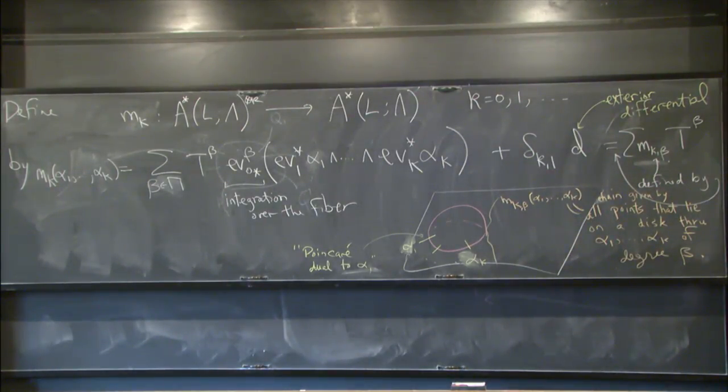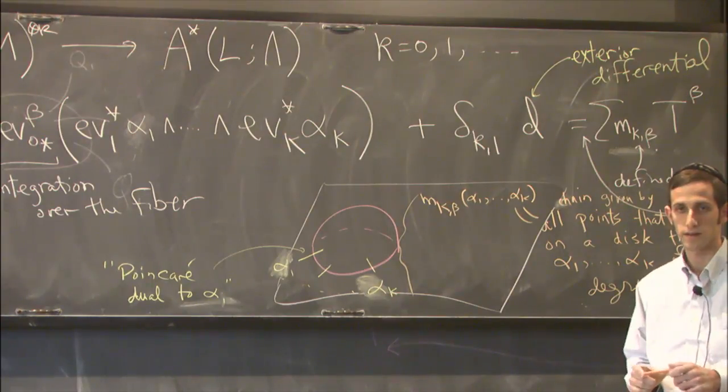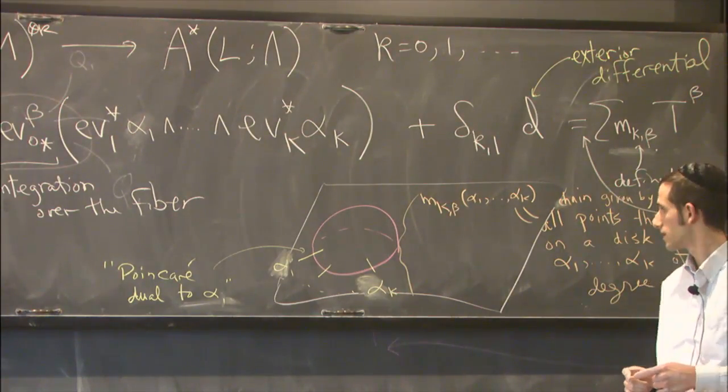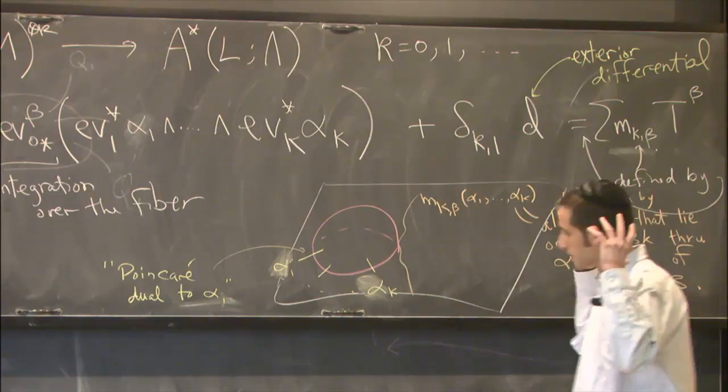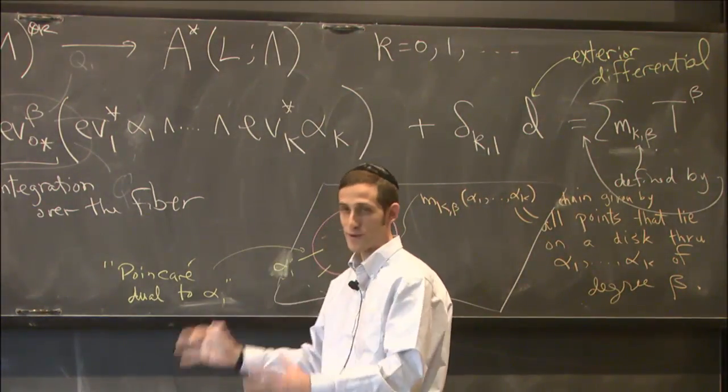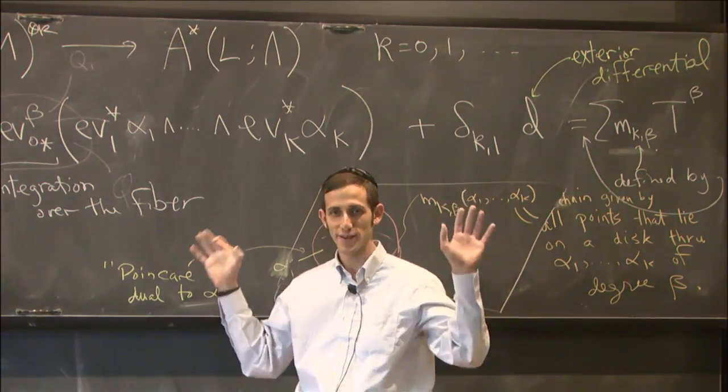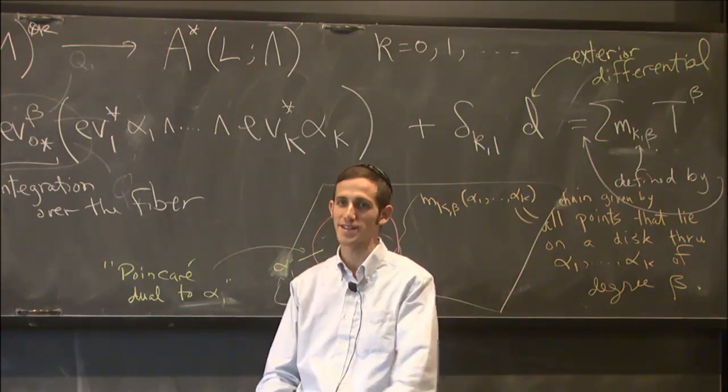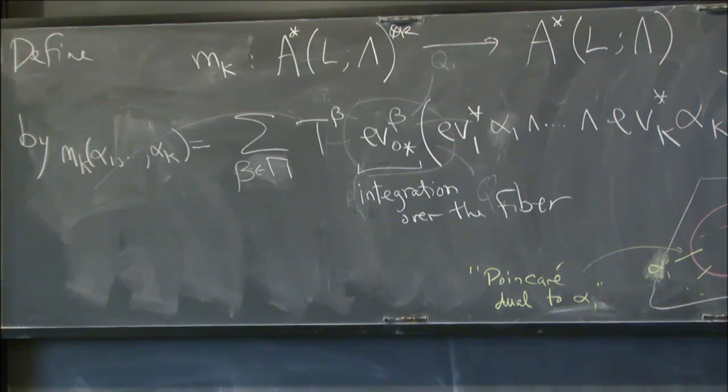Jake, you said integration over the fiber, and now you switch to cycles. Right, so I'm always going to be imagining cycles Poincare dual to my differential forms, which is a really evil thing to do. But imagination is one thing, but you wrote down something.